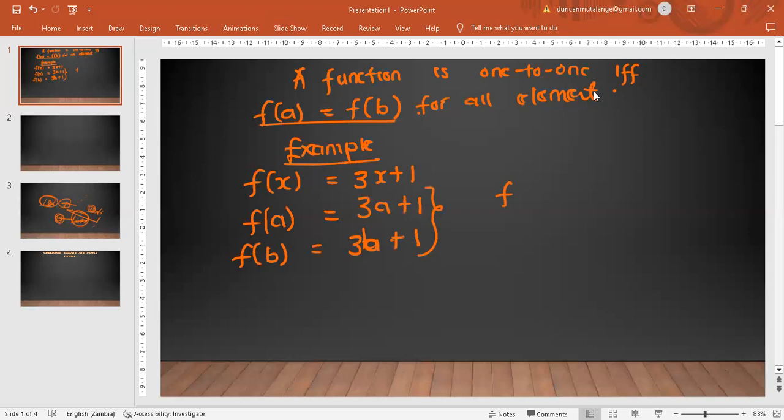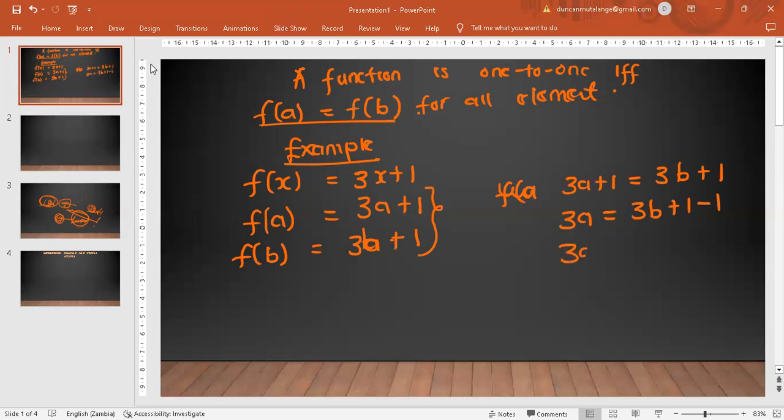So we know that f of a is 3a plus 1, which should be equal to 3b plus 1. So from here, we have 3a equal to 3b, and we take this 1 to the other side, so this becomes minus 1.